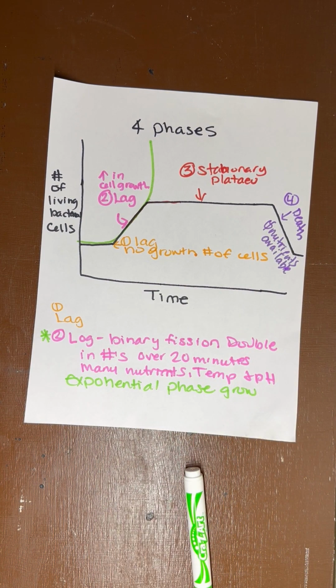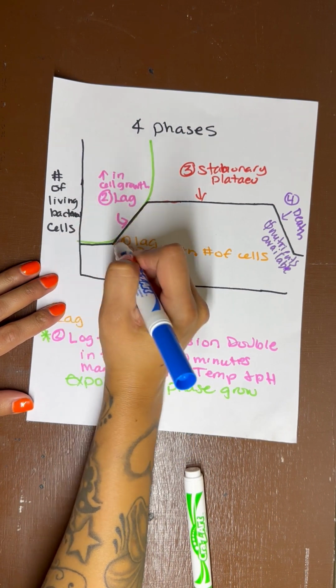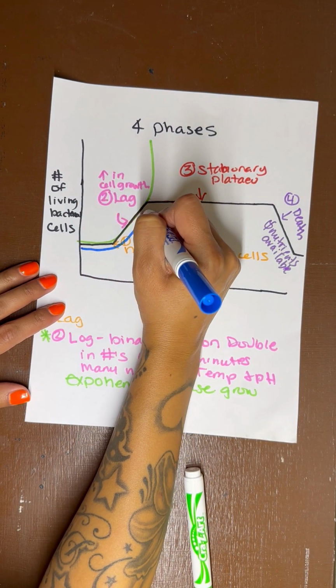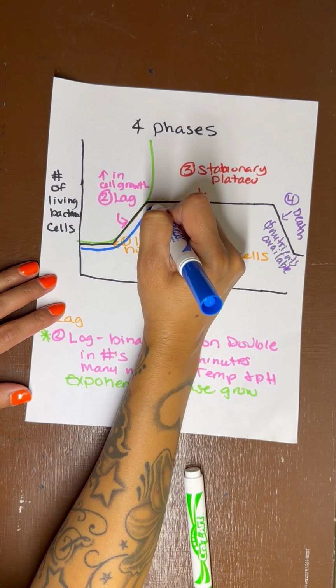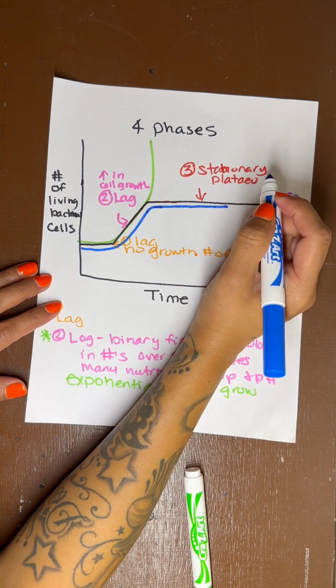And then we also have the logistic growth. And if we look at that, the logistic growth will go up, eventually kind of go into the stationary phase.